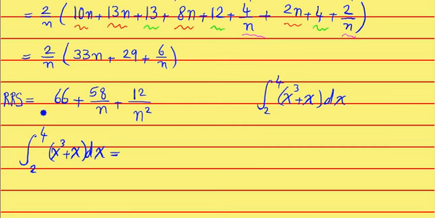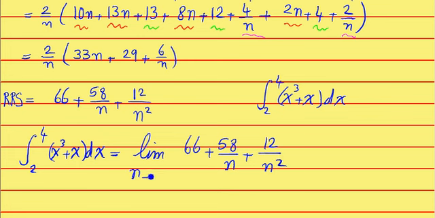The definition of this integral was the limit of that when n goes to infinity. Limit of 66 plus 58 over n plus 12 over n squared as n goes to infinity. As the number of panels goes to infinity, whatever is left, that is really our integral. The way we have developed this thing, obviously these terms here go to 0. This one also goes to 0.